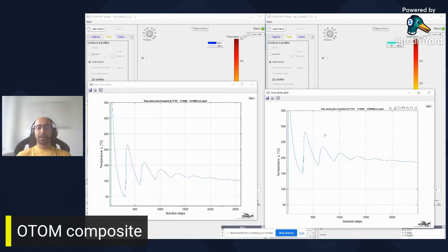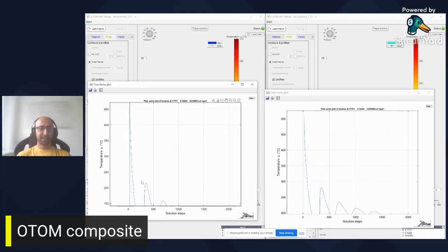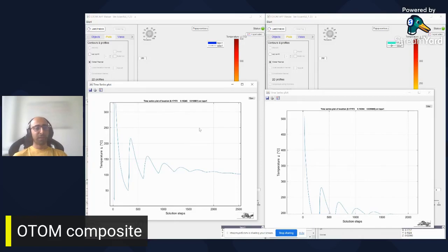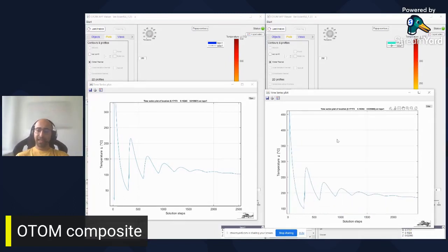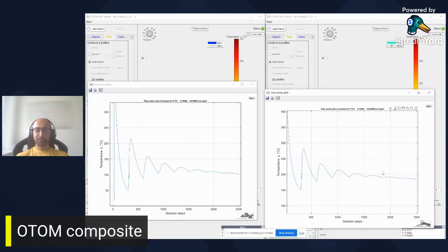For these points, we got the temperature almost until 500, and again here 500. But for the case that we have 20 degrees as a base tooling, we got a damping around 110, and for this one, which is 140 degrees Celsius, we got a damping around 190 degrees Celsius.